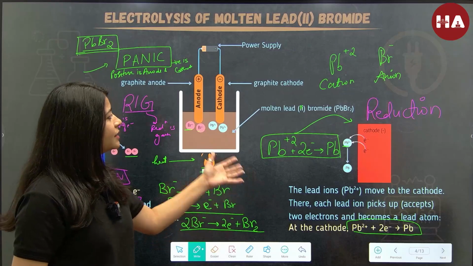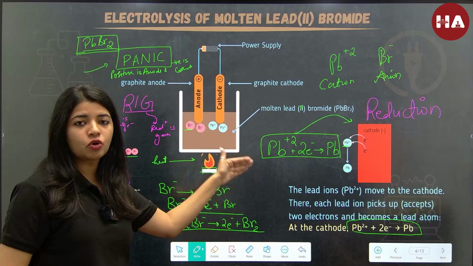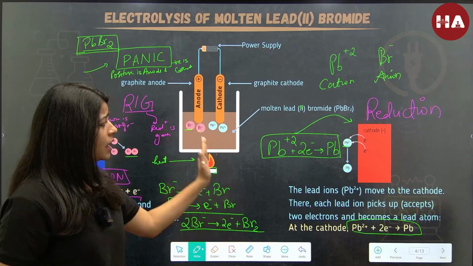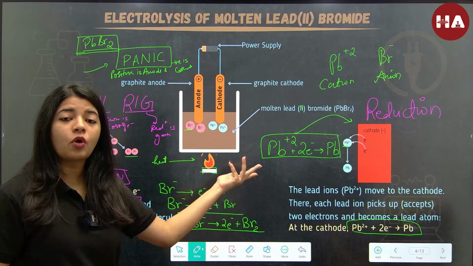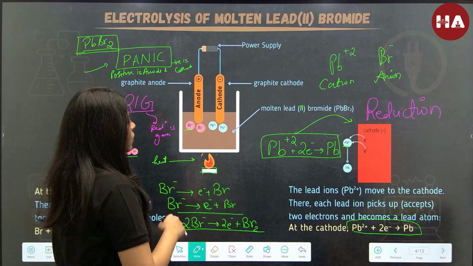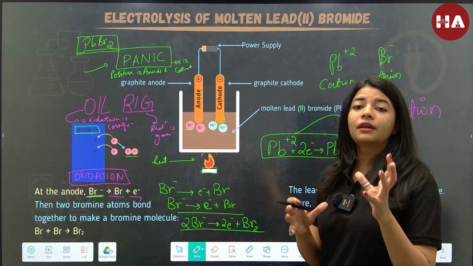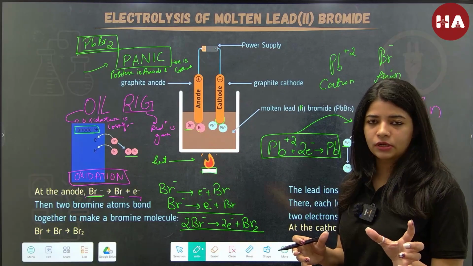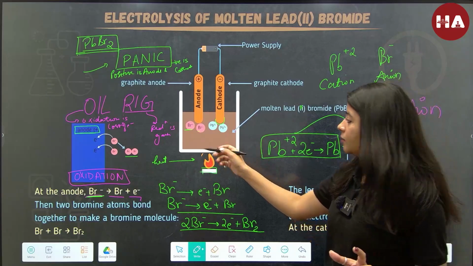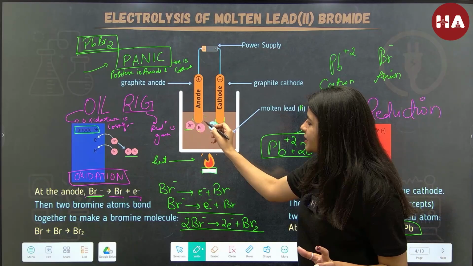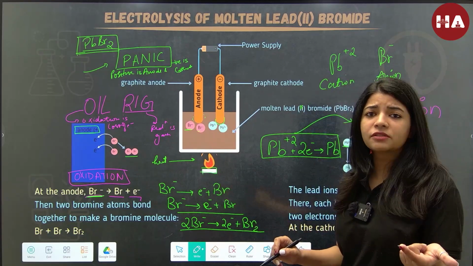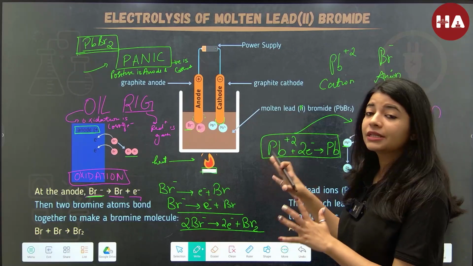We can say this is the cathode half reaction or cathode half equation, which is nothing but reduction of lead. Now when lead gets deposited over here, we can see gray color metal being deposited because the color of lead is gray, and the bromine gas present over here is reddish brown, which we can see while the experiment is taking place.